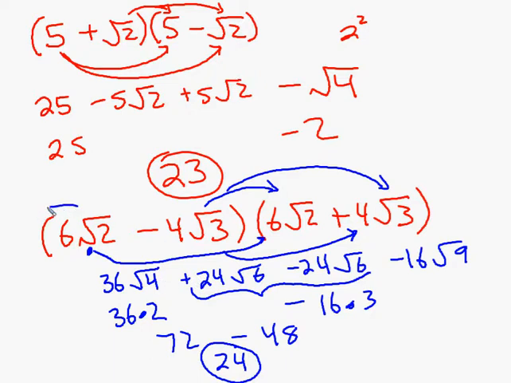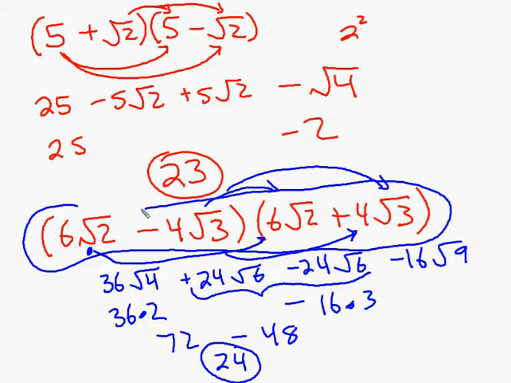Okay, I want you to take a look at this. Observe something about those two things. They're exactly the same, except one of them has a minus and one of them has a plus. That actually gets us to how we're going to do the difficult problems. Those are called conjugates.